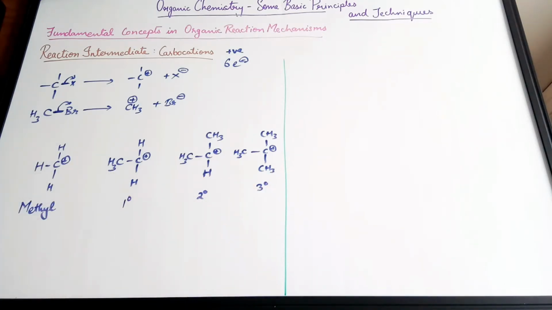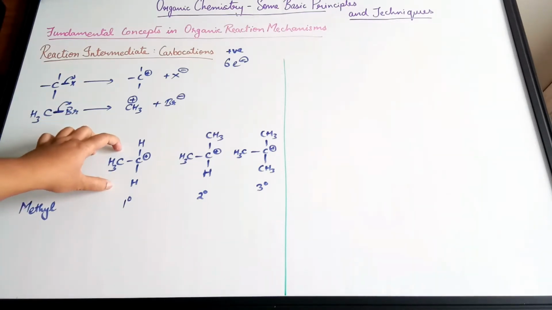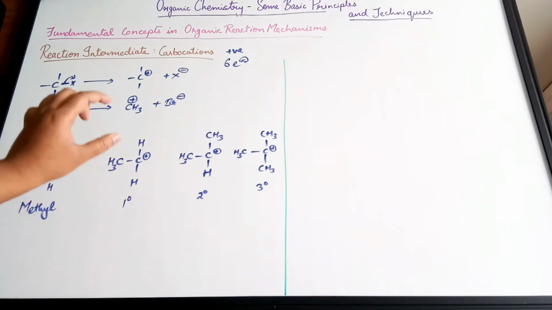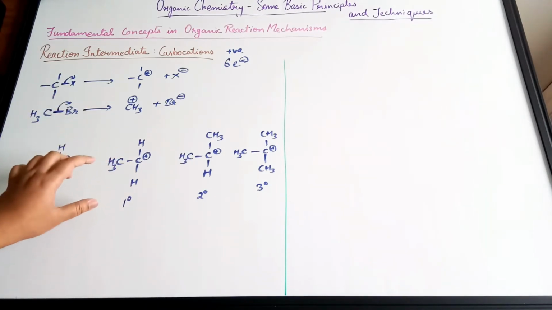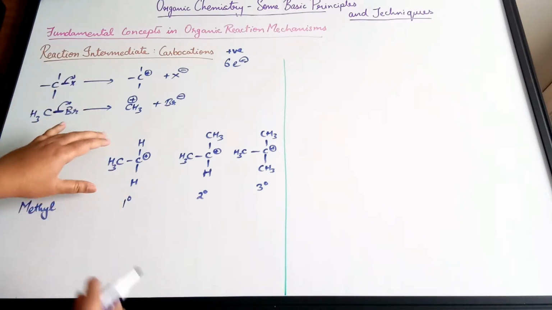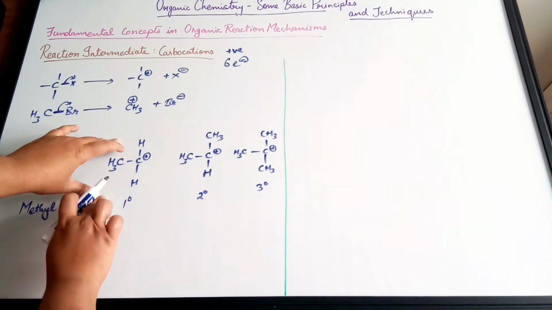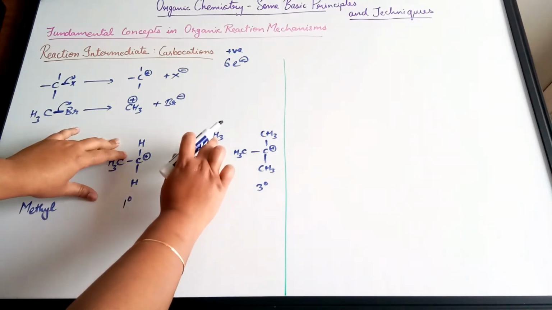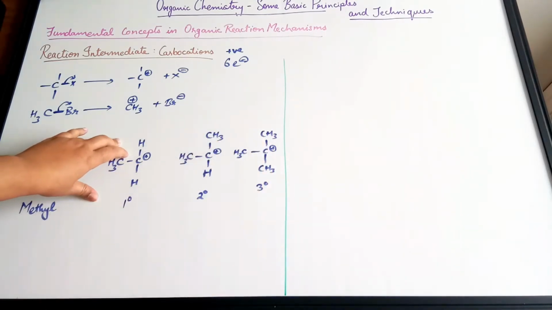Now, methyl is a plus I group. If you remember, we discussed the inductive effect and mesomeric effect, the electron displacement effects, in the previous set of videos. A CH3 group is a plus I group, and it is electron releasing in nature. If you compare, here you have only one CH3 group, here two CH3 groups, and here 3 CH3 groups.